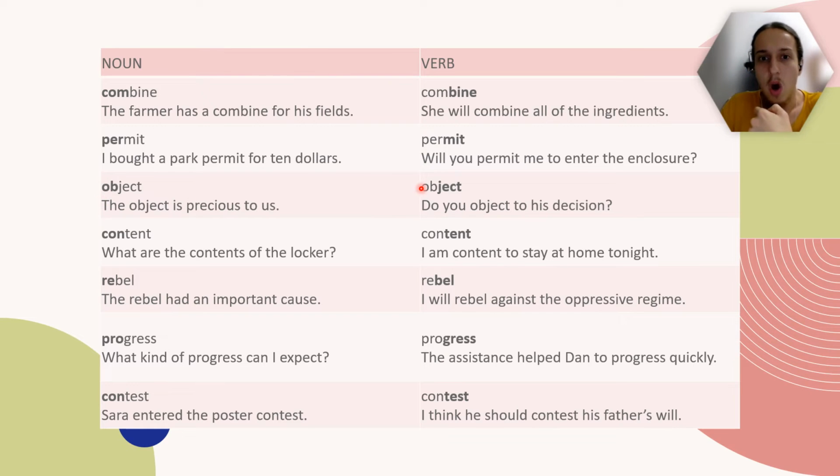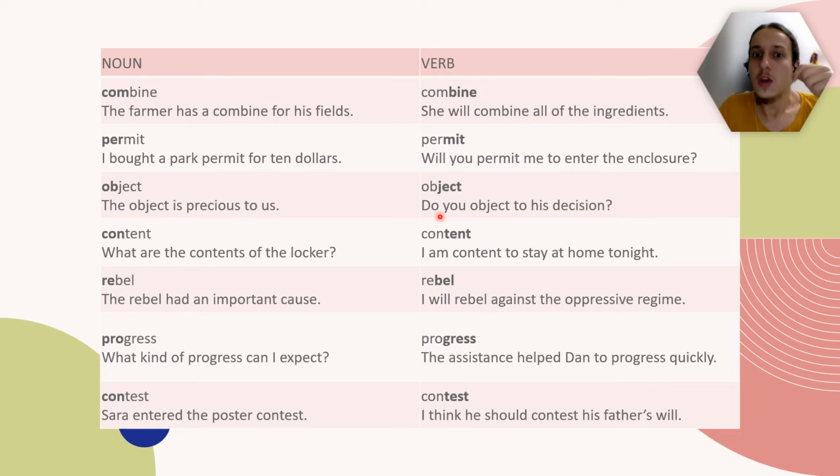Object, object. See the difference? Object. The object is precious to us. We are talking about a thing, something, an object.